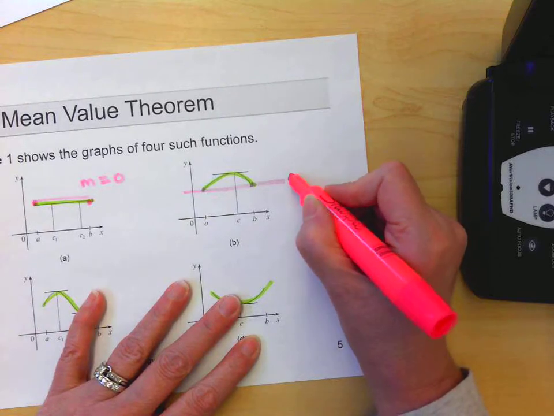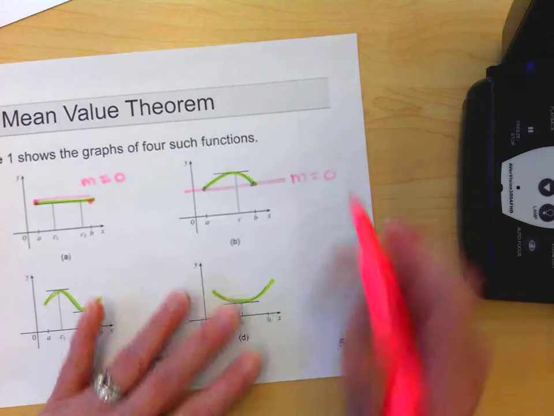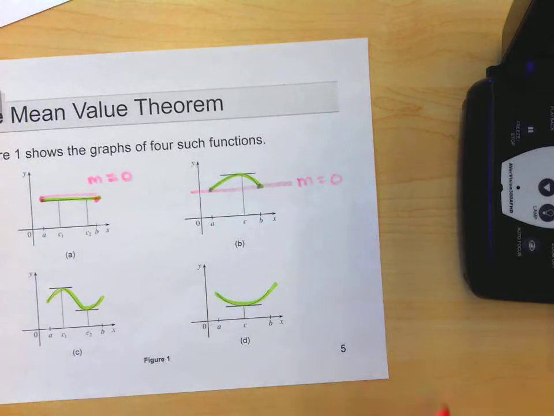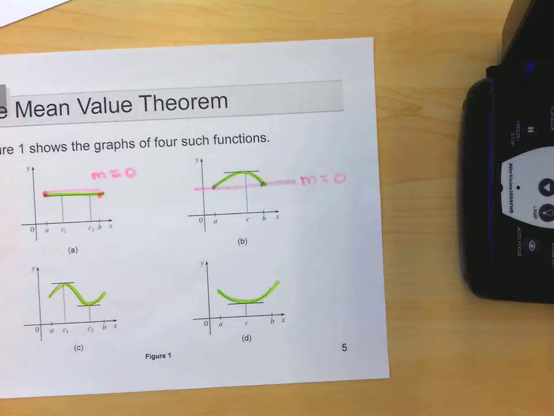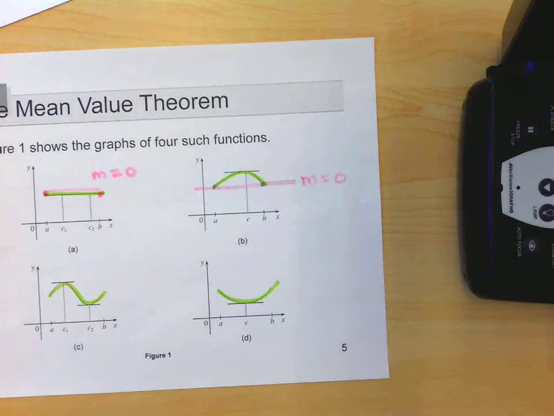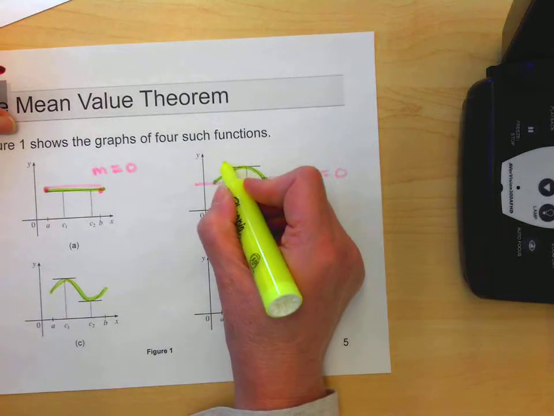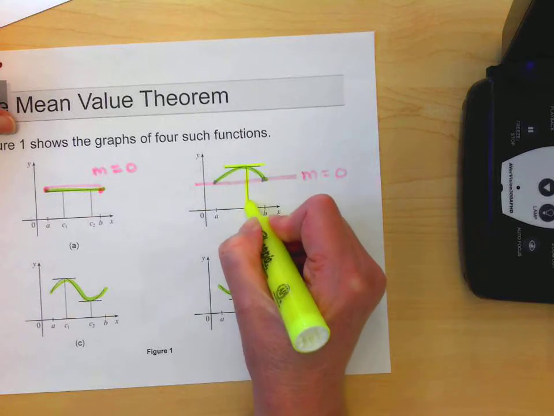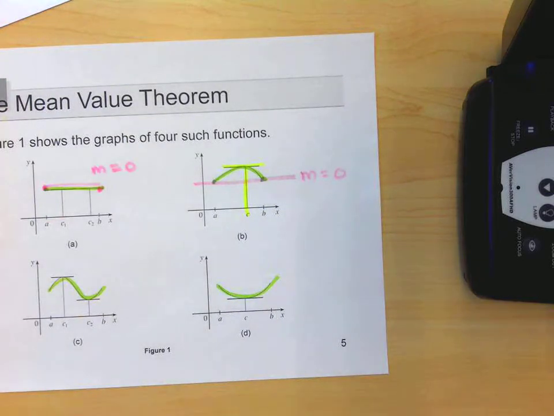We find that once again the slope between those two points is 0. And is there a point c somewhere between a and b such that the derivative is 0? Sure, it's right here. We get a point, and so our c falls between a and b.